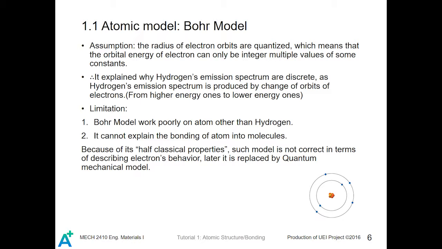Classical here stands for classical mechanics in physics, and therefore such a model is not correct in terms of describing the behavior of electrons, and that's why later it was replaced by the quantum mechanical model, which we use today.